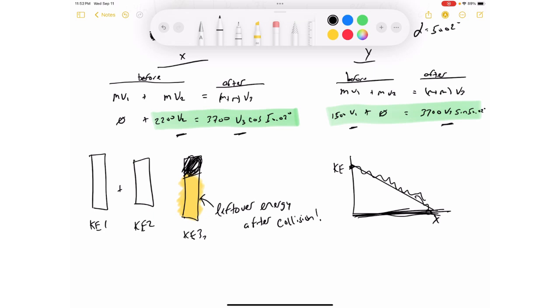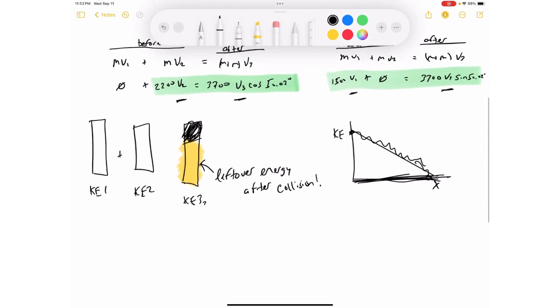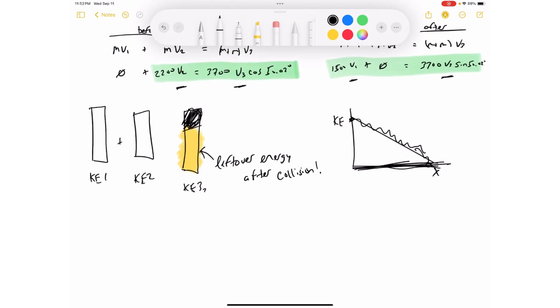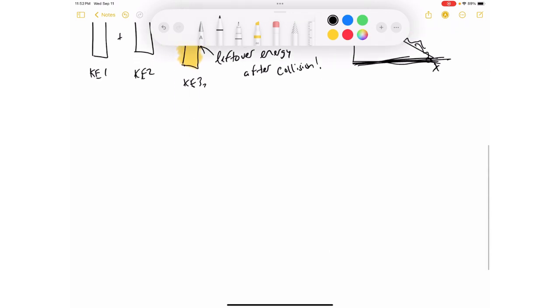Okay, so what we can do is ask, what force is causing this kinetic energy to go away? Well, that force is friction. So friction is going to do work on the kinetic energy. And what does that friction look like? We can do a free body diagram, right? So this represents the two cars together.